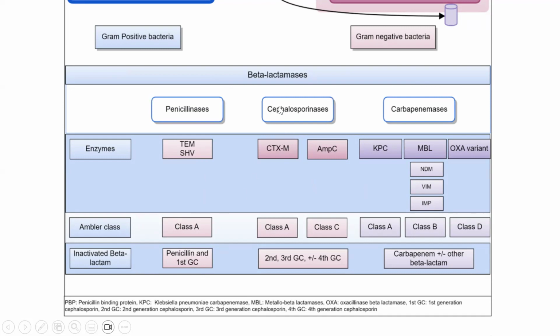For enzymes acting on cephalosporin, the inactivated beta-lactam antibiotics will be second, third generation plus or minus fourth generation cephalosporin. And for the beta-lactamase acting on carbapenem, the inactivated beta-lactam will be carbapenem plus or minus other beta-lactam antibiotics.